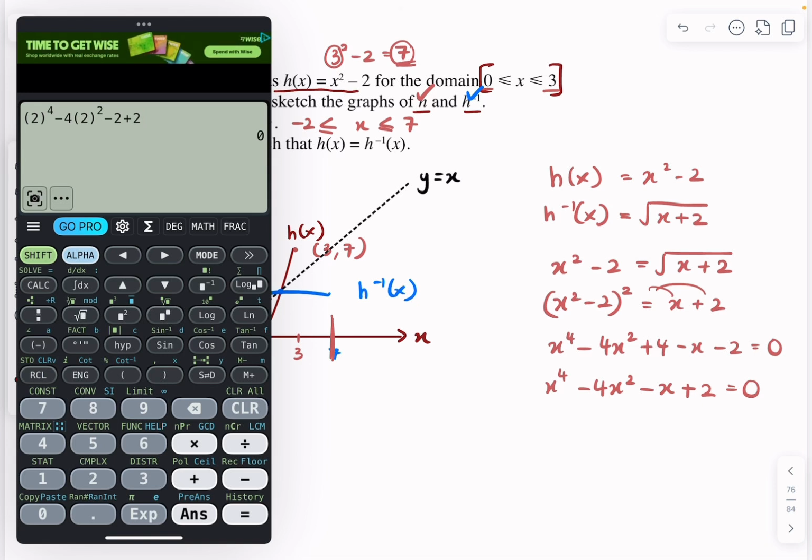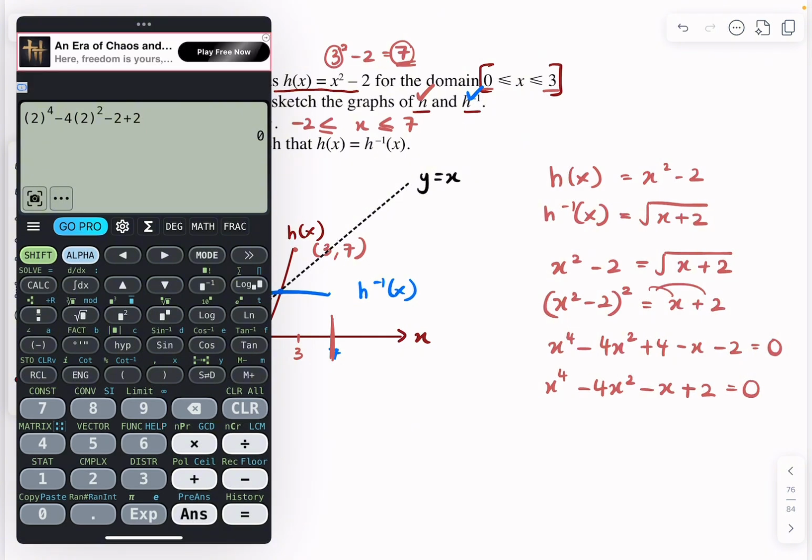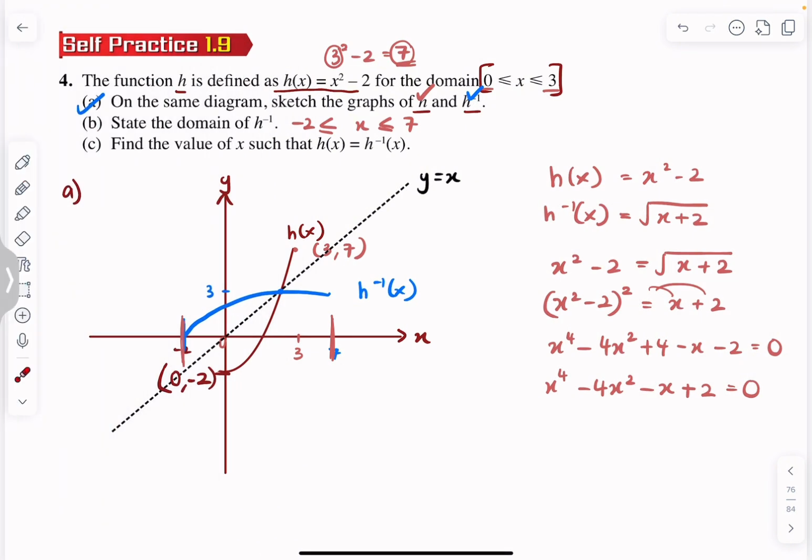Straight away we got 0 already. So what we can say is x is 2. I just simply tried. So here is how you can show your working: you can write when x is 2. Actually I wanted to try 2, 1, 0 because here we know it is around 3 or less than 3.